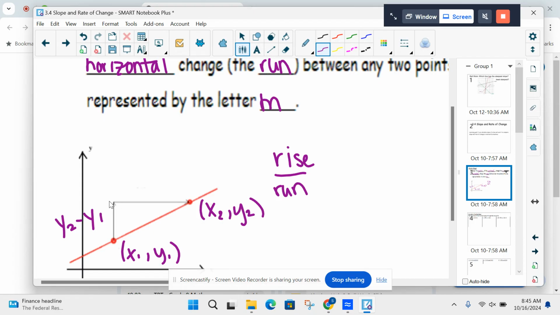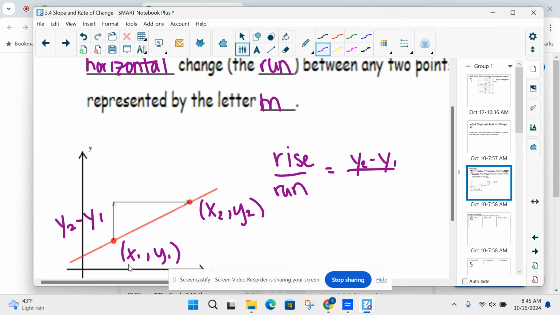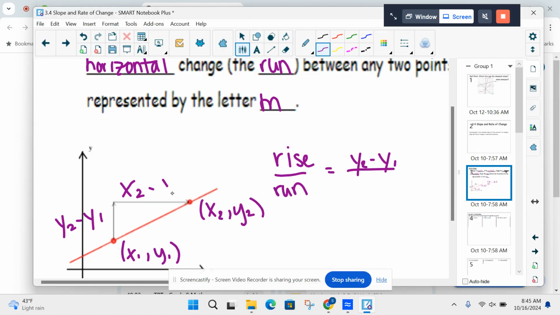Then to get your run, so that would be your rise, y2 minus y1. And then to get your run, you would do the same thing, but you would subtract your horizontal components of the points, so x2 minus x1, to find the difference that it moved in the x direction. So over x2 minus x1. And that is how you find the slope between any 2 points.